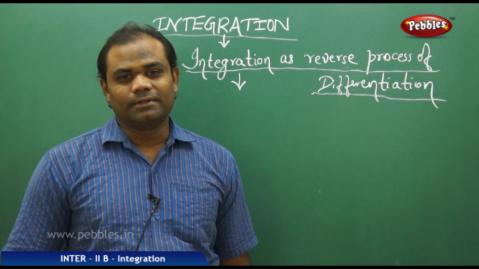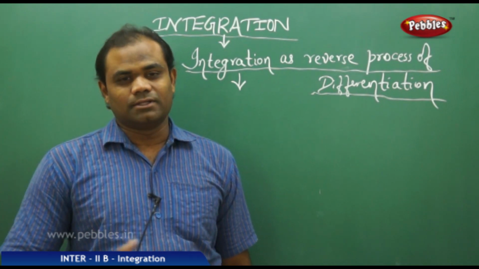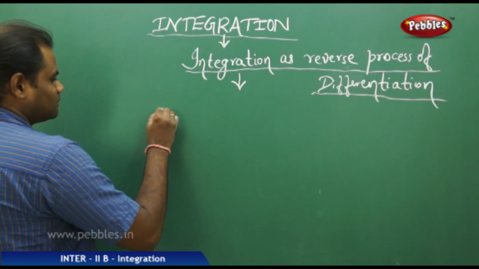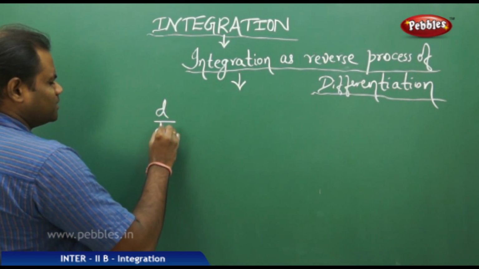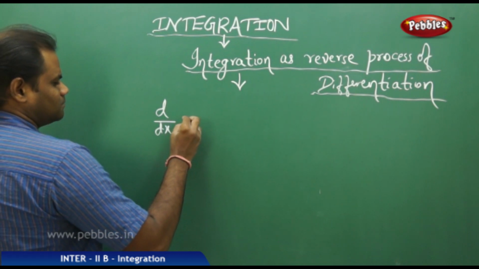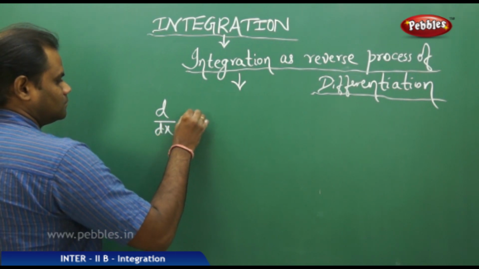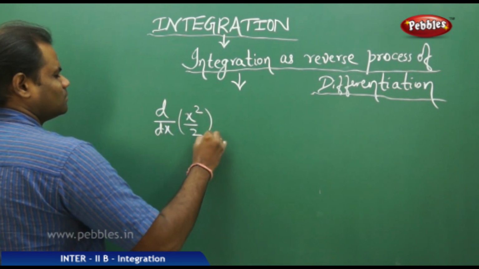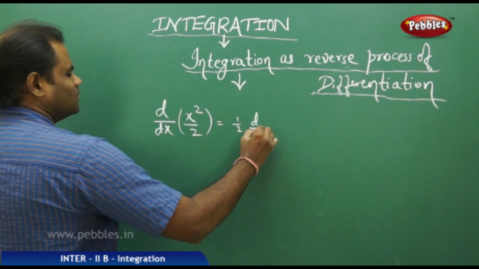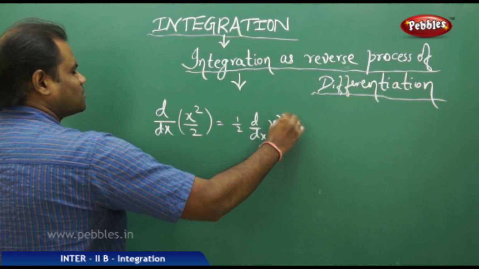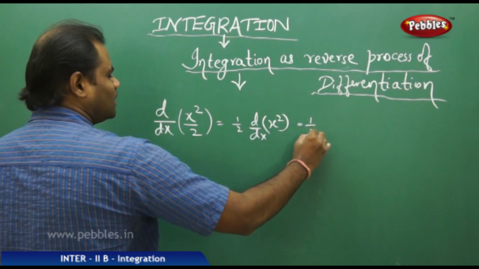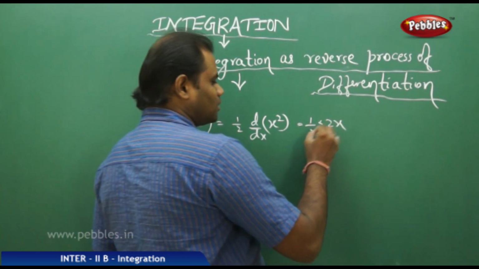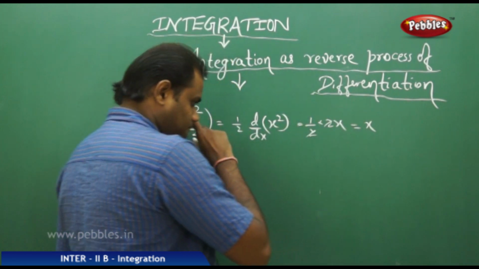So let's recap the derivative, what we have learnt in the previous sessions. Say for example, the derivative, which we generally denote by d by dx, of x squared by 2 is half d by dx of x squared, which is 2x, which on simplification gives x.